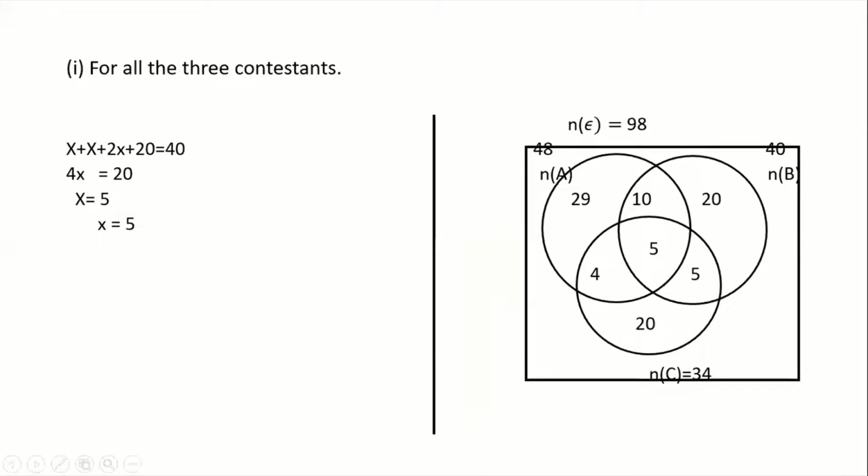We shall also come back here where they told us that the number of those who voted for all the 3 is half that of those who voted for A and B but not C. So remember we put here our 2x. So we shall get 2 times x here, and we end up with a 10.